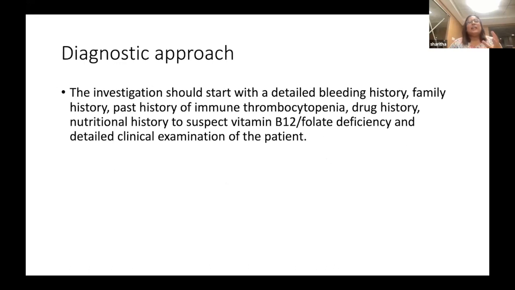So now coming to the diagnostic approach of these congenital macrothrombocytopenias. First, as always, we should start with taking a detailed history: any bleeding history in the past, family history, whether any family members are affected, past history of immune thrombocytopenia or any drug intake history, nutritional history, and detailed clinical examination of the patient.